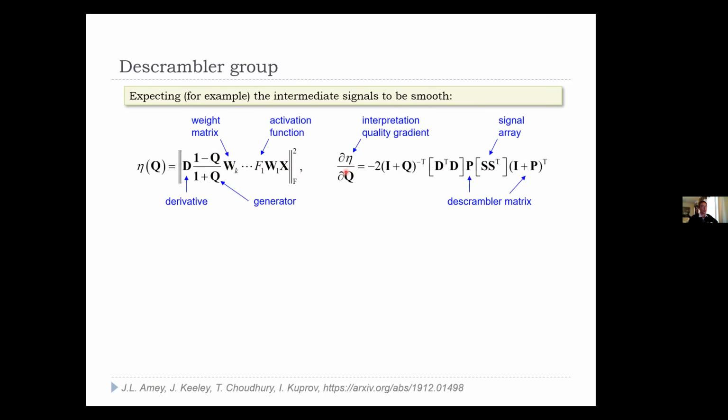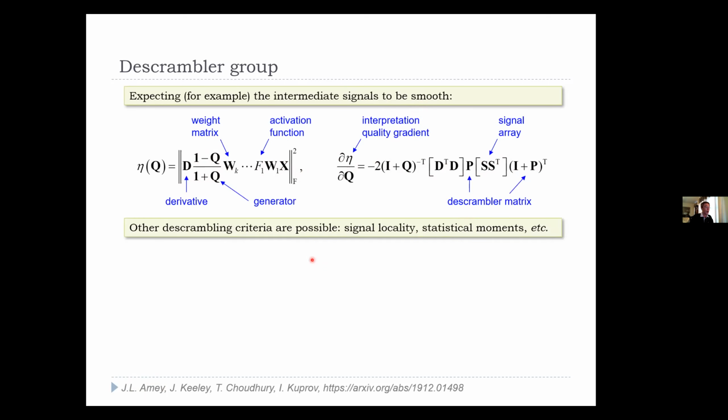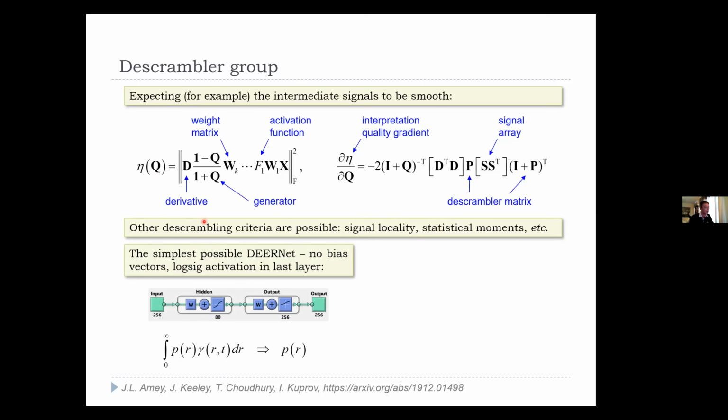That's the interpretation quality gradient, and that is basically what we dump into the GPU. Other descrambling criteria are possible. If you expect your signals to be local, you can enforce locality. If you expect certain, I don't know, luminosity, chromaticity, autocorrelation, domain-specific definitions of interpretable can go into this functional, and then you minimize or maximize this.